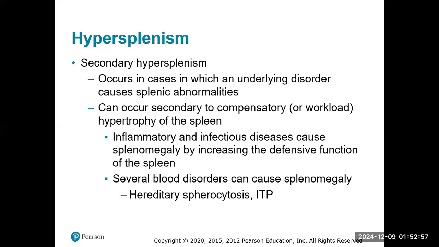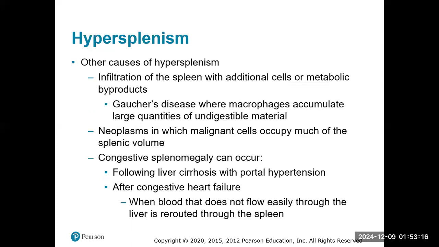Then there are some other inflammatory and infectious diseases that put that defensive mechanism in the spleen in hyperdrive, causing the spleen to be enlarged. So usually our issue with hypersplenism is a secondary issue. The primary means there's an issue directly with the spleen. That's usually not our issue. So you can have cells like with Gaucher's disease.